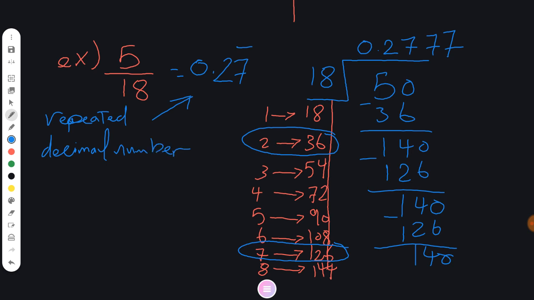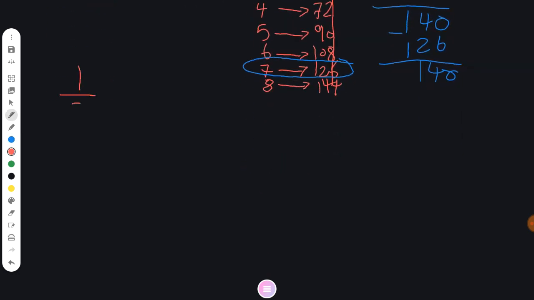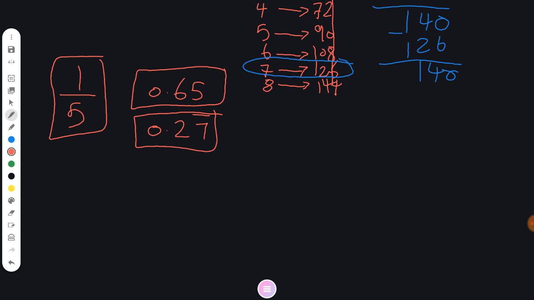So I can write the rational number as a fraction like this, 1 over 5, as a finite decimal number like 0.65, and as an infinite repeating number like this, 0.27 with the 7 repeating. So these three forms represent the rational number. Any other form does not represent a rational number. It's not a rational number. Okay? So this is a rational number.